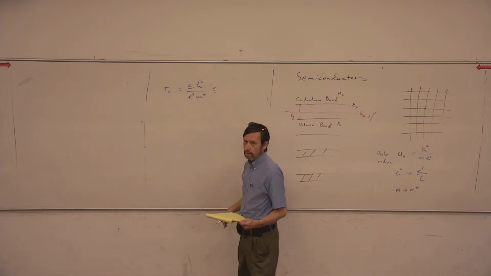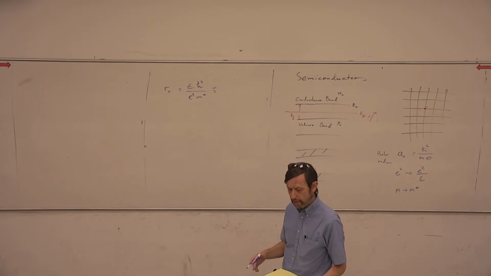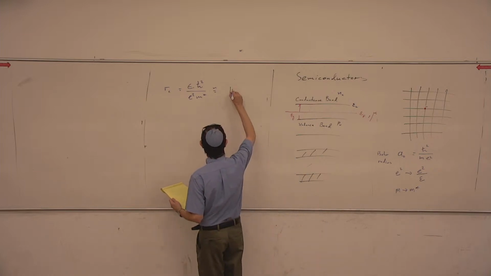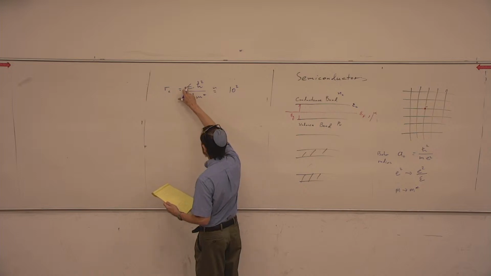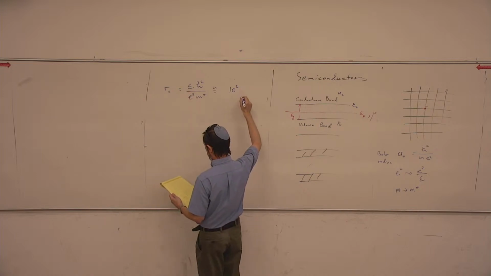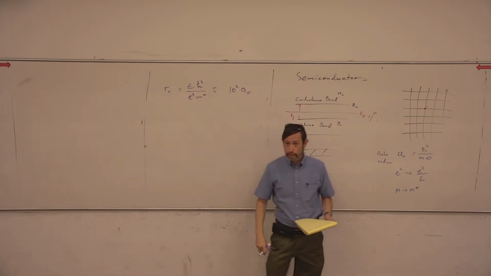For typical impurities in silicon or germanium, the effective mass is smaller and epsilon is larger, and we get a factor of 100 in the radius compared to the Bohr radius.